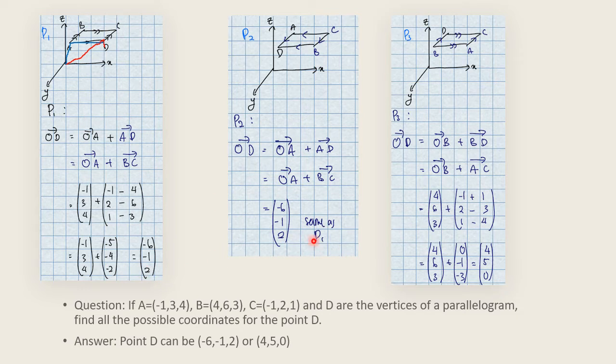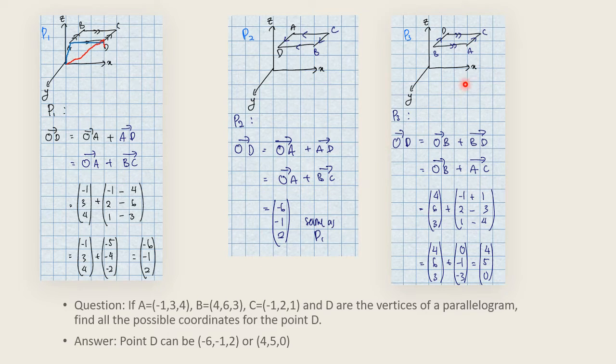Now we get the same position vector because the equation is the same. I do want to point out that the arrow doesn't matter because it's a parallelogram. I just draw it to reinforce that it's a parallelogram, and to avoid confusion of why BC instead of CB. But we get the same point as in P1.